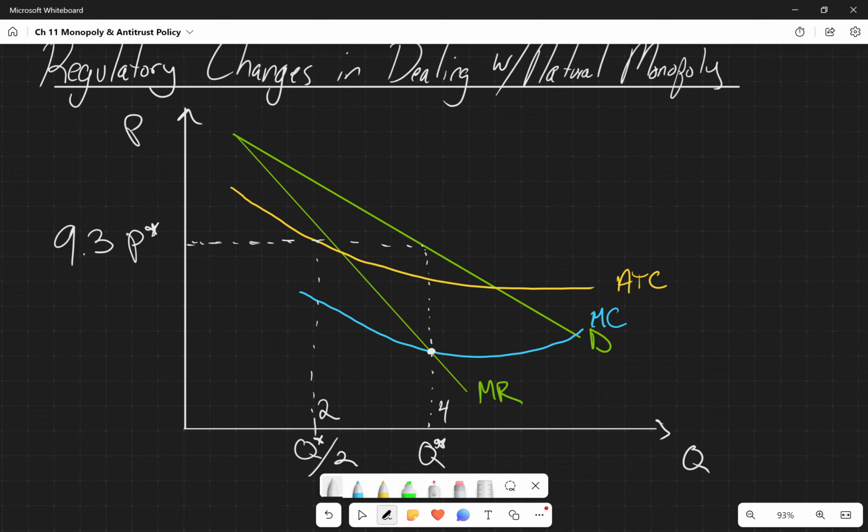However, splitting the firm in two is going to change the average total cost for the firm. Before they had an average total cost that was somewhere around $8. And now they're going to have an average total cost that's almost exactly what the price is, 9.3.